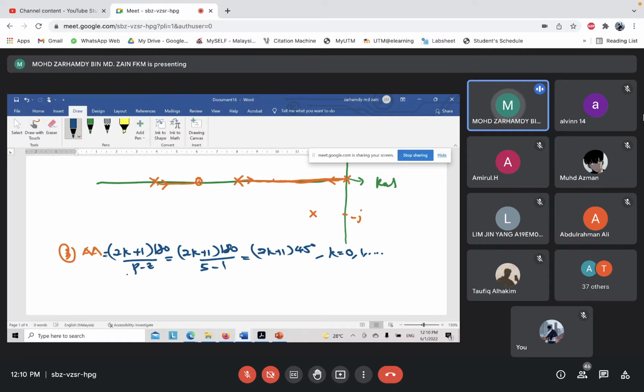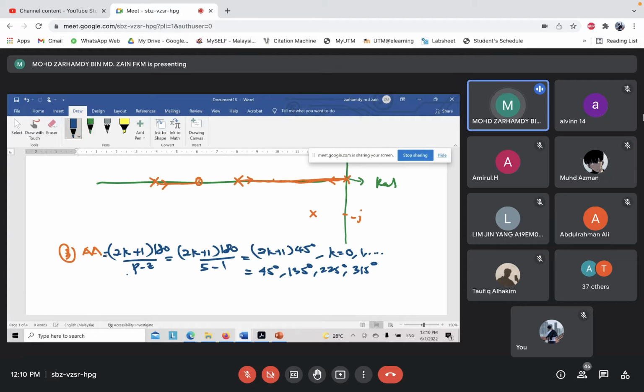So now for k equal to 0, we get 45. K equal to 1, 135. K equal to 2, 225, I think. K equal to 3 is 315.